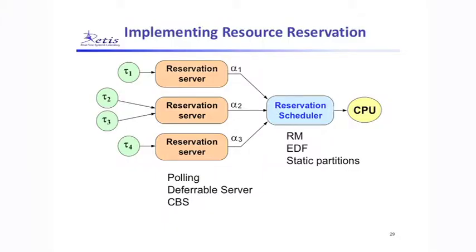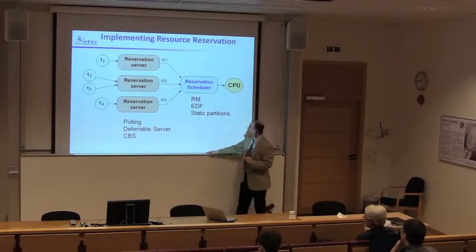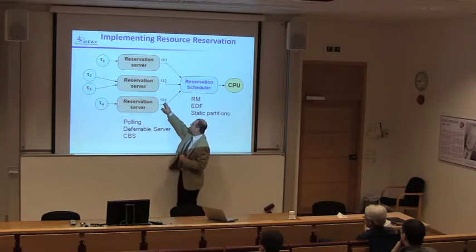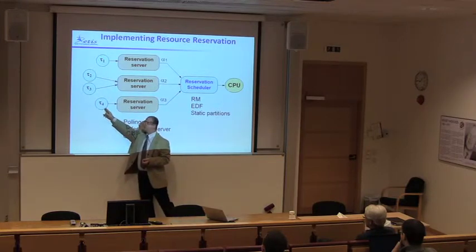And this is typically done by reservation servers. I don't have time to explain reservation servers, but I give you an idea. There are several mechanisms that can be used to implement this enforcement mechanism. But once we have that, we can say I allocate a fraction of 25% to the server and I execute one task.